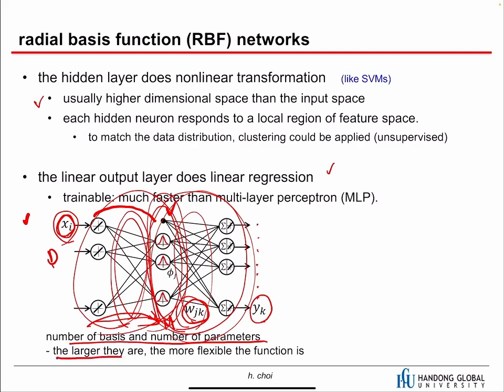The larger they are, the more flexible the function is. But if we increase the number of bases and the number of parameters, we also increase the probability of an overfitting problem, as always.